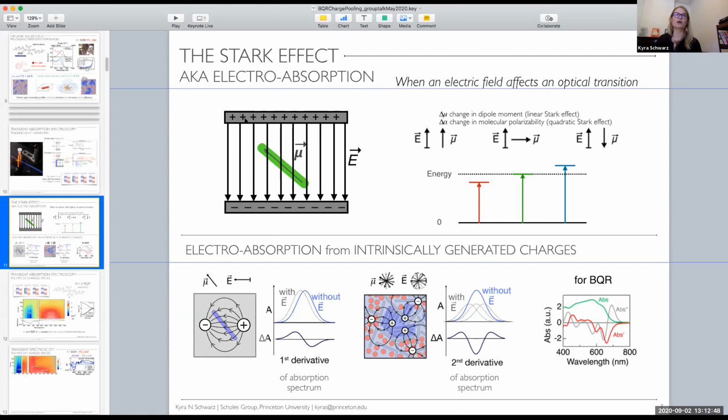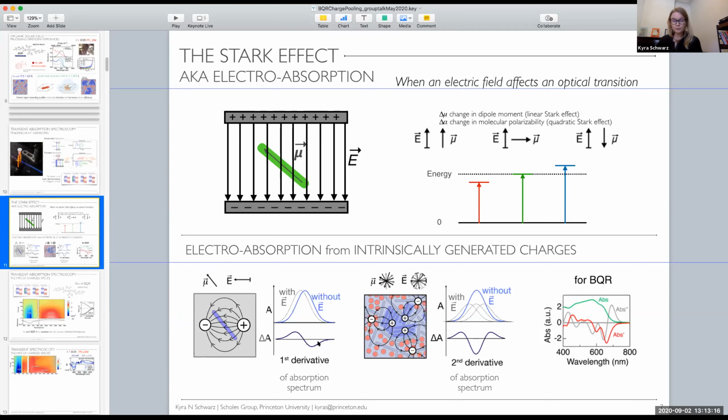Now here I've shown a voltage that we've on purpose put across this molecule, but you can have photo-generated charges also causing this effect. So here's an example. You might have an electron and a hole with a field between them, and the field and the relative orientation of that dipole are set. And so you'd see a shift in the absorption spectra in one direction.